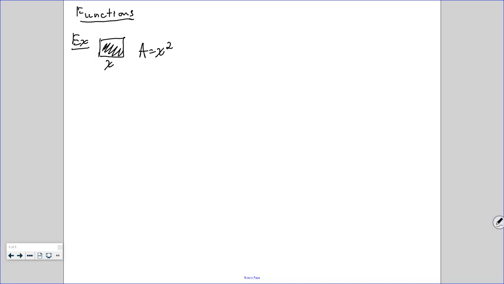First, let's give the informal definition of a function as follows.